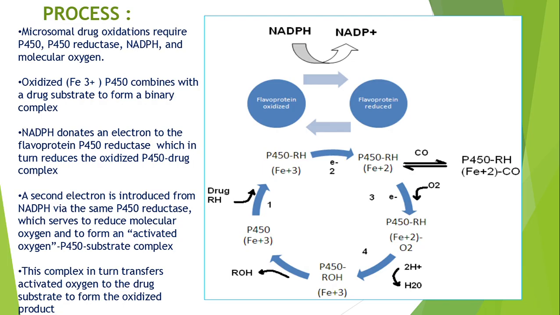NADPH donates an electron to the flavoprotein P450 reductase, which in turn reduces the oxidized P450 drug complex. A second electron is introduced from NADPH via the same P450 reductase, which serves to reduce molecular oxygen and to form an activated oxygen P450 substrate complex. This complex in turn transfers activated oxygen to the drug substrate to form the oxidized product.